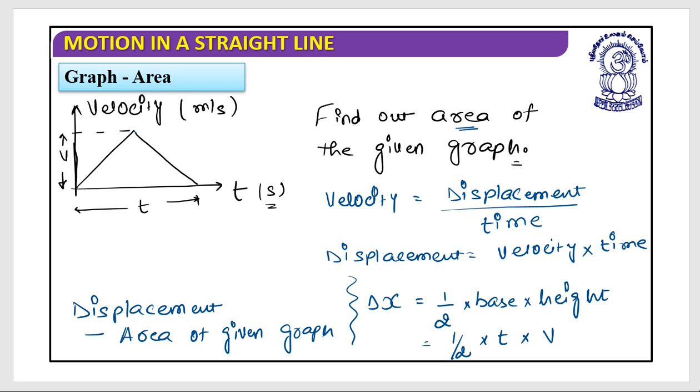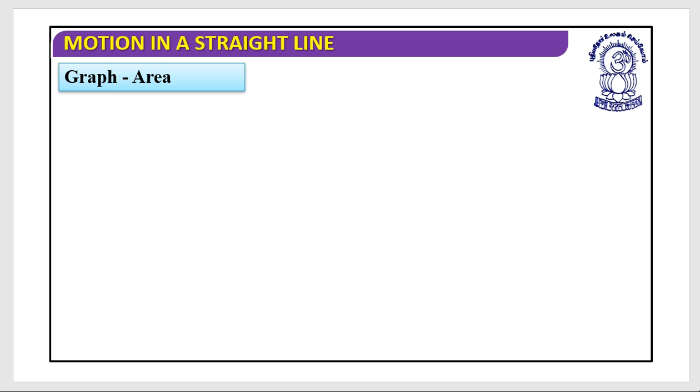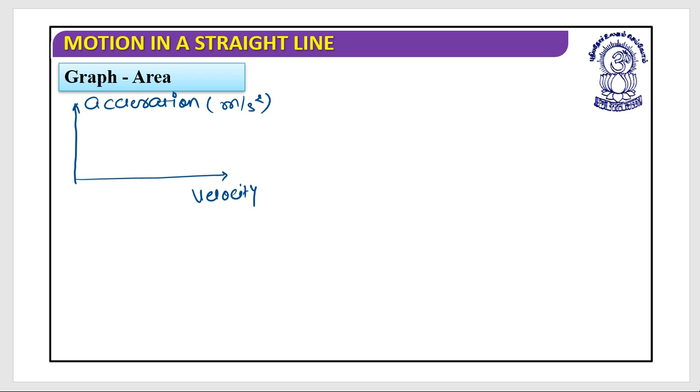Okay, let's move to the next. Let's suppose we are given the situation that this is the acceleration, this is the velocity. This is meter per second square.